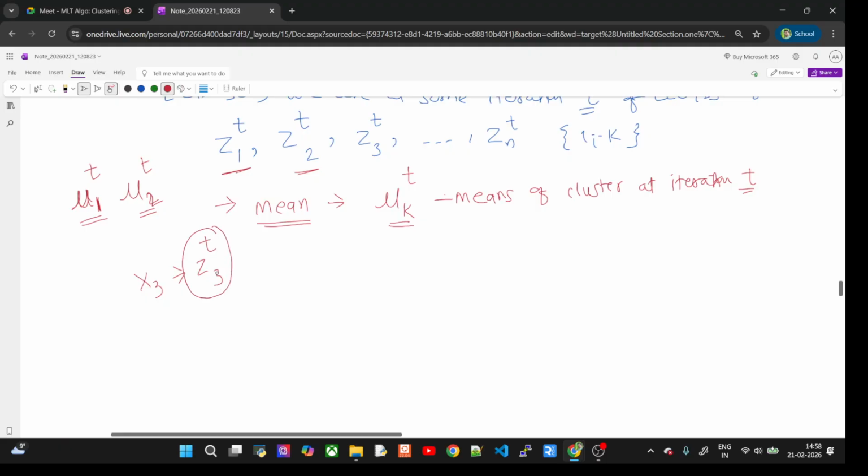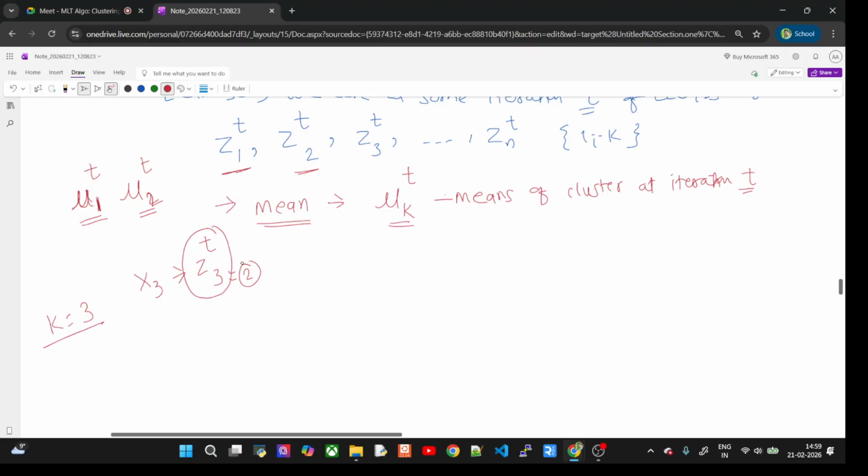Maybe I need to go to 3 clusters, and I am in cluster number 2. I am not happy to stay in cluster 2, so I want to jump; he has not yet converged.